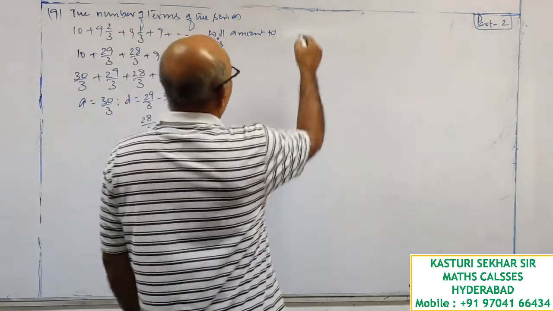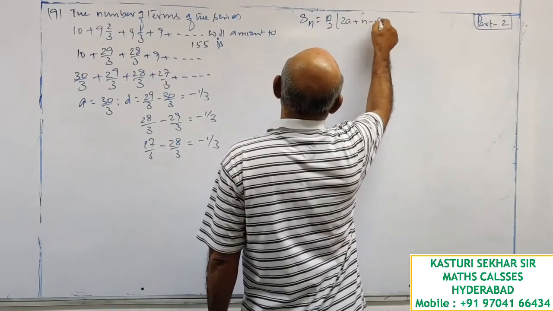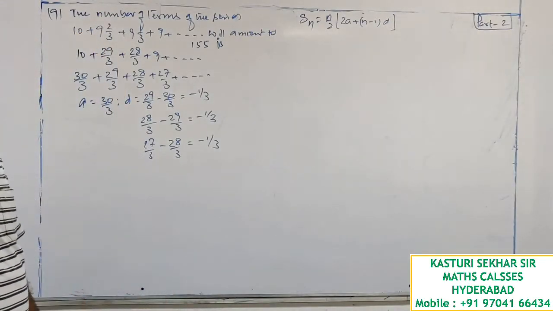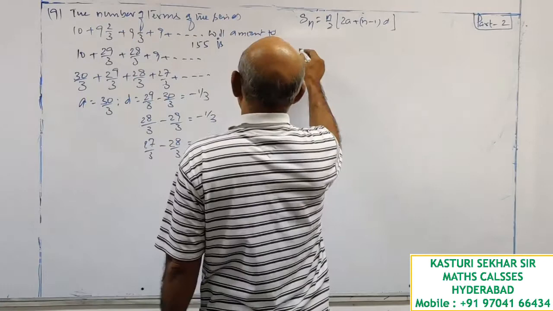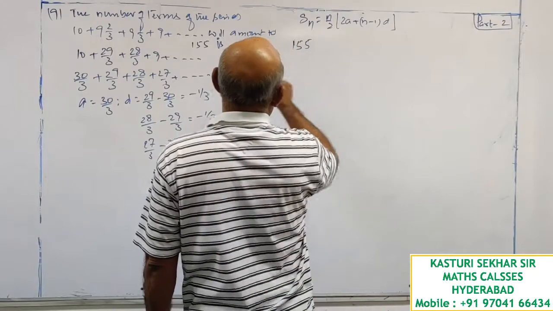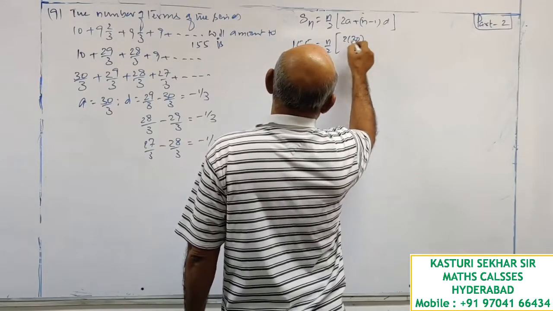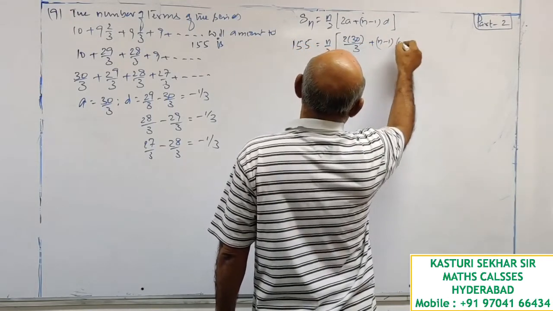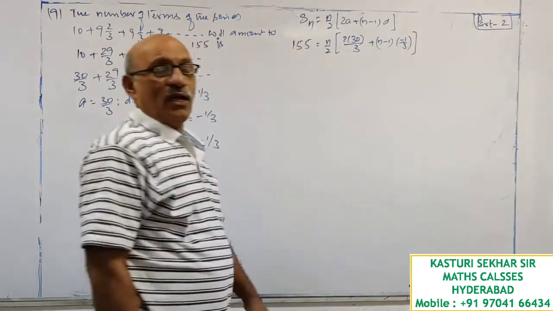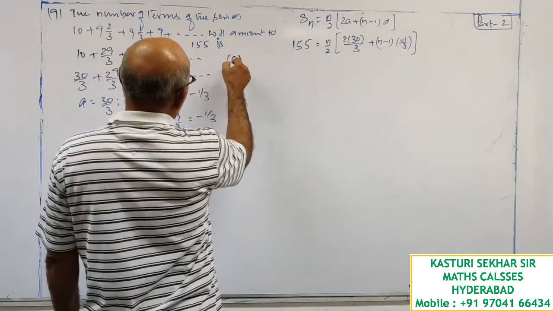Now Sn is equal to n by 2 into (2a plus (n minus 1) into d). It is given sum is equal to 155. This is n by 2 into (2 into 30 by 3 plus (n minus 1) into minus 1 by 3). We can solve the question or we can take the help of options. Let us see option A.